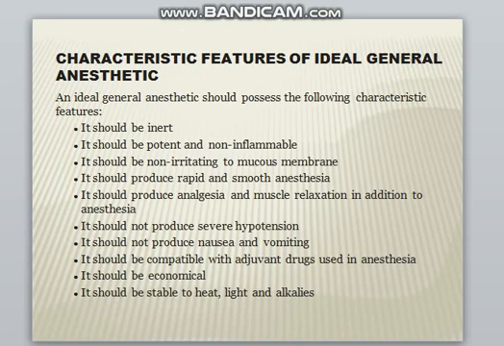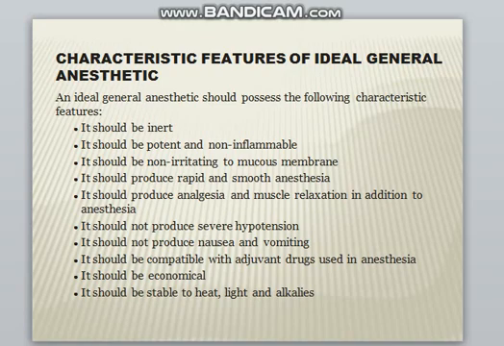So what are the characteristic features of an ideal general anesthetic? An ideal general anesthetic should possess the following features. It should be inert, potent, and non-inflammable. It should be non-irritating to the mucous membrane. It should produce rapid and smooth anesthesia.